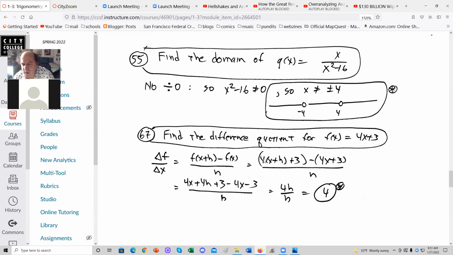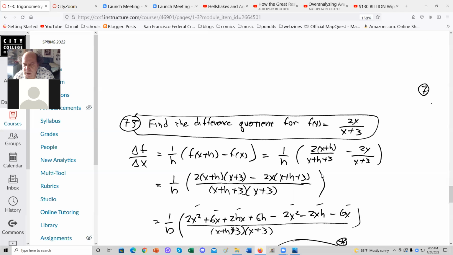Okay, so you distribute this 4, you distribute this minus: 4x plus 4h plus 3 minus 4x minus 3. 4x's cancel, 3's cancel. 4h over h, which comes out to be 4. So in other words, this is a straight line graph with a constant slope of 4.